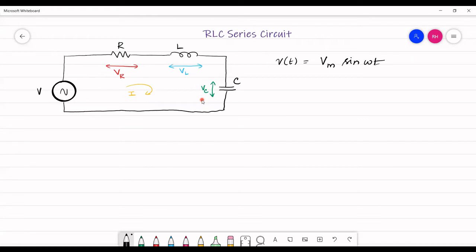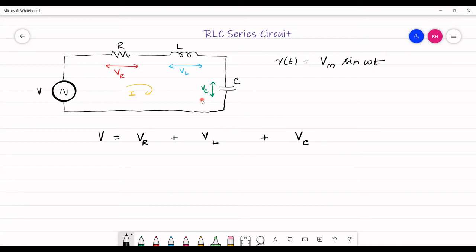And now applying KVL for this circuit, we could write V is equal to VR, the voltage drop across resistor, plus voltage drop across inductor, plus voltage drop across capacitor.